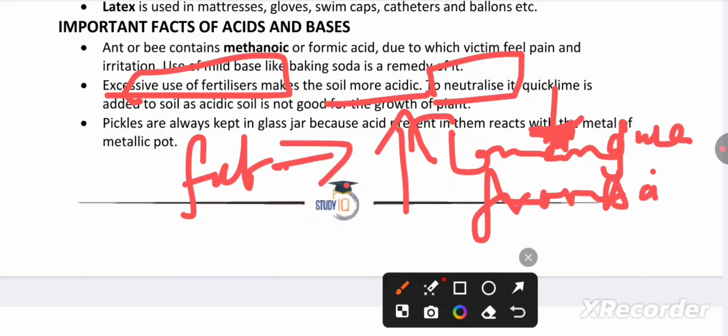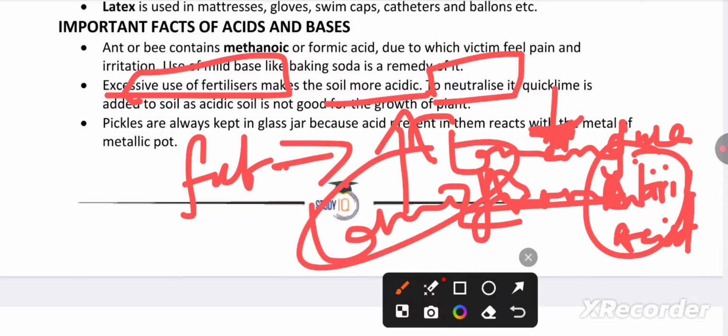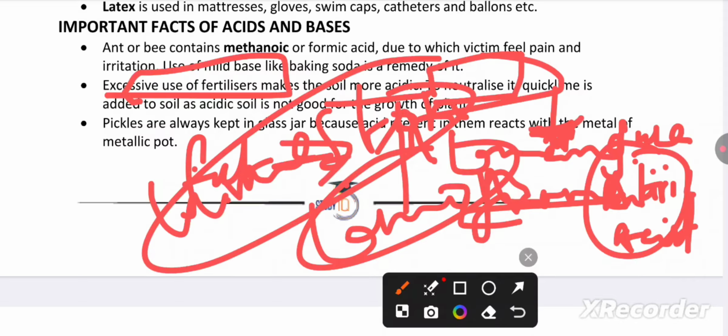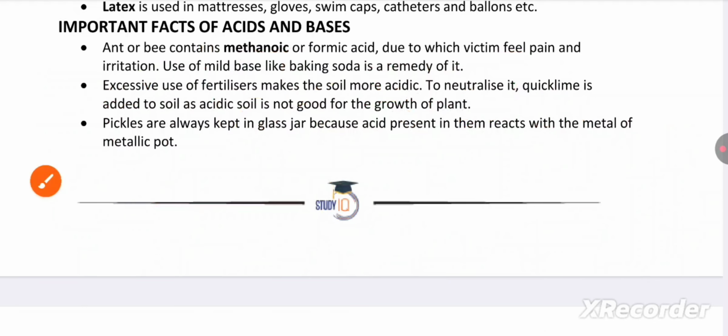This is citric acid, sorry, this is a little bit of a trick. Citric acid, lemon, limestone. When neutralizing fertilizers, we will plant a lemon tree and it neutralizes. That means quicklime. That's it, guys, nothing else.